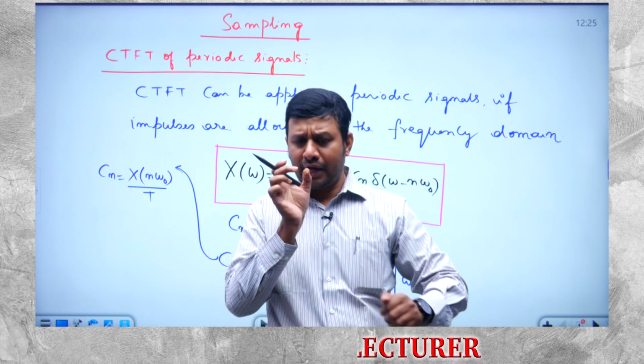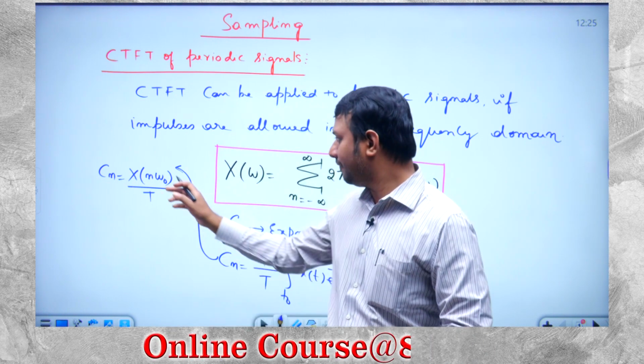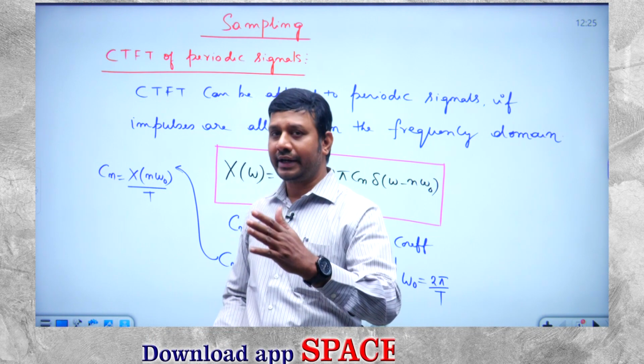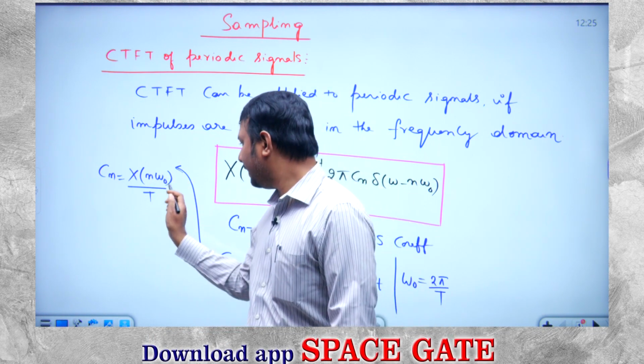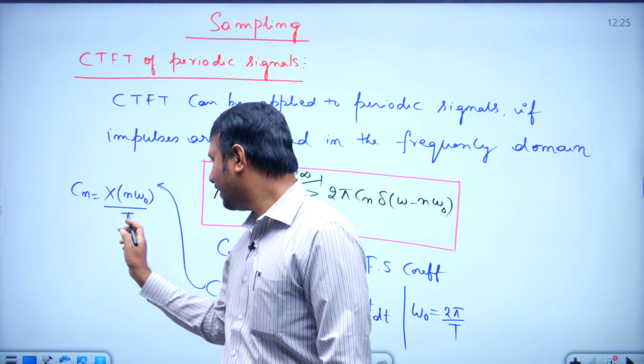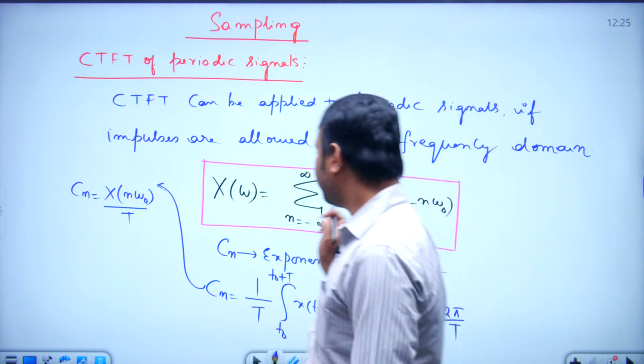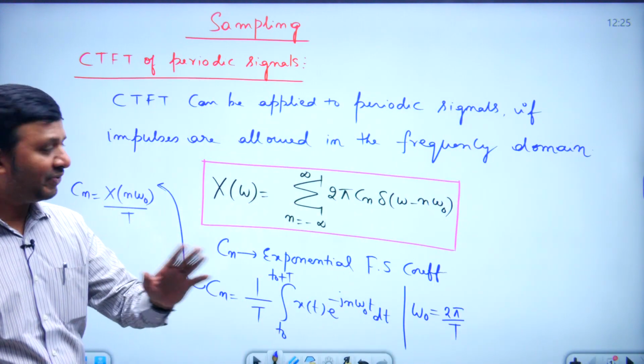In that period, observe what signal is present. For that signal, calculate the Fourier transform. In that Fourier transform, replace omega with n omega naught, divide by T, so that you will get Cn. After getting the value of Cn, substitute here, so that you get the Fourier transform of periodic signals.